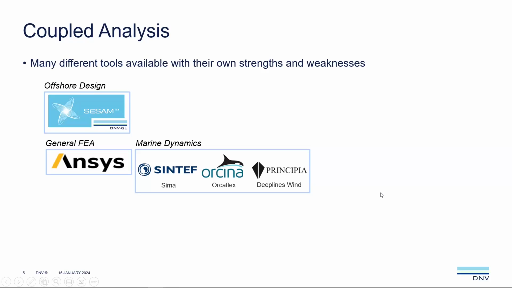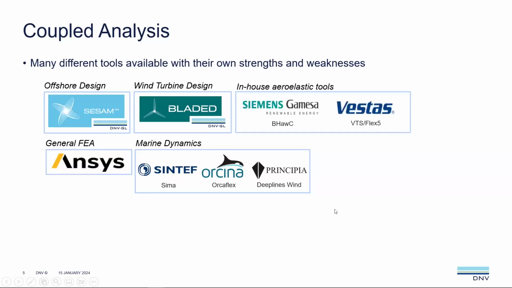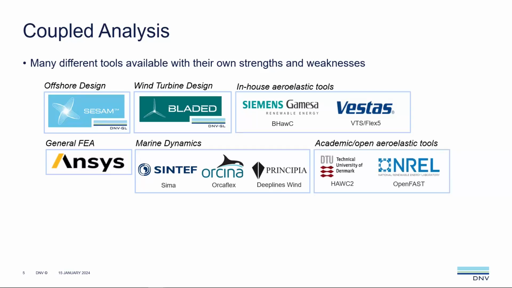But maybe as a weakness, they're perhaps less advanced to model complex blade dynamics, turbulence, aerodynamic loads in general, compared to other tools which come from the onshore sector, like Bladed from DNV, some other in-house aeroelastic tools used by some OEMs, and then also some other open source academic tools.